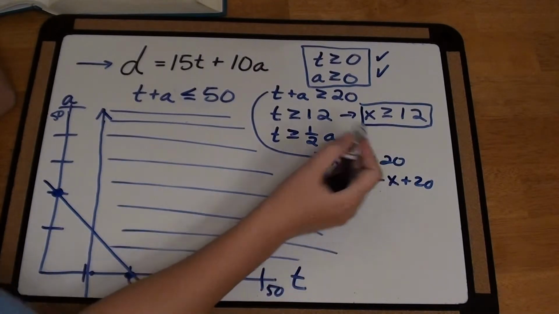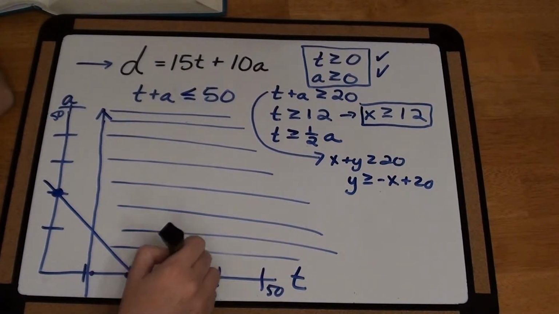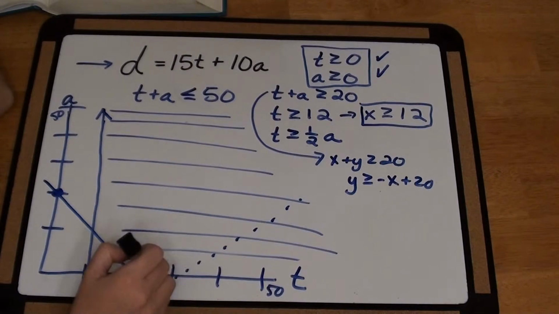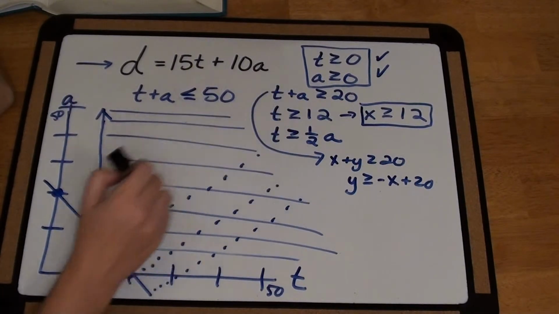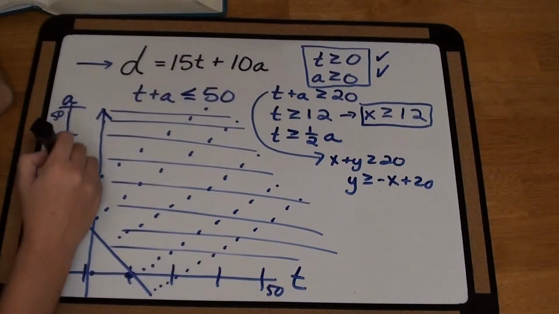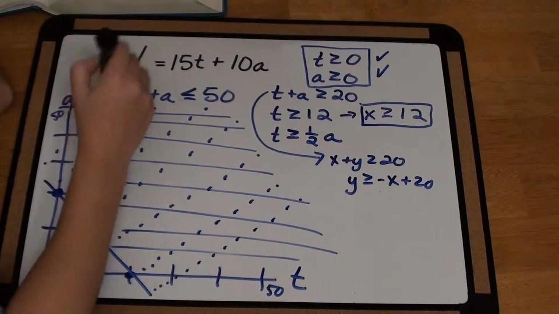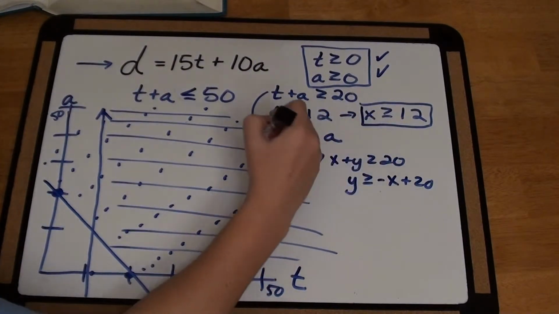And we know it's got to be greater than this line. So I'm going to go ahead and shade everything greater than this line. Now, I'm going to look at this equation right here.